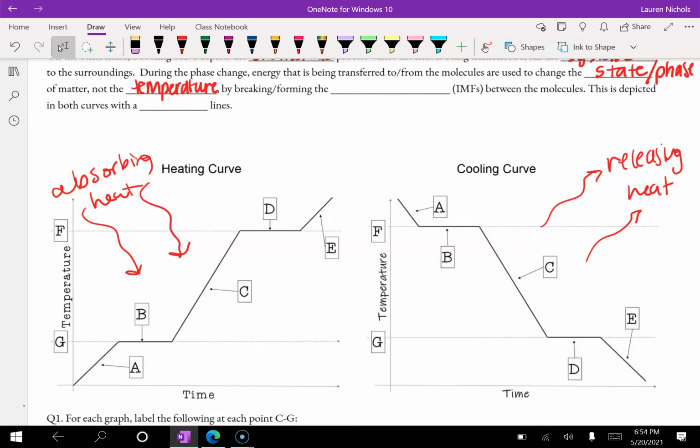And it changes the phase by breaking or forming the intermolecular forces, which are called IMFs, and those are between the molecules.